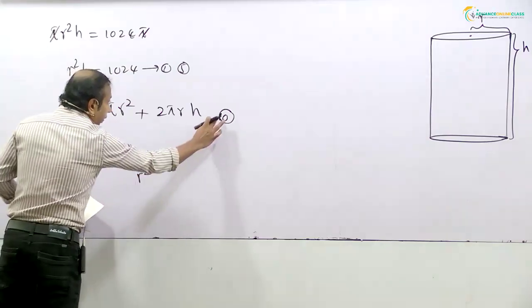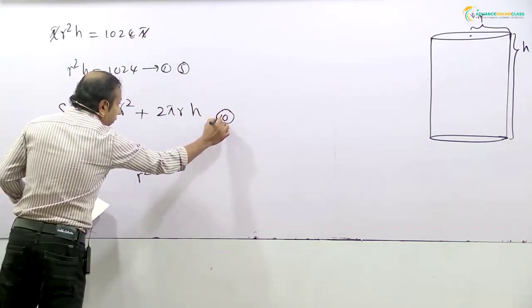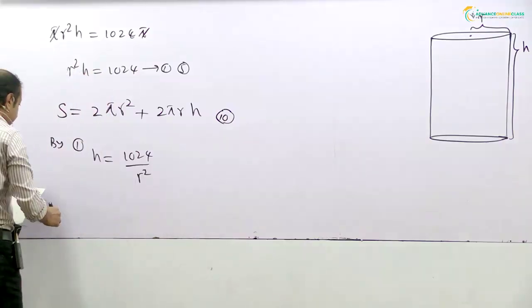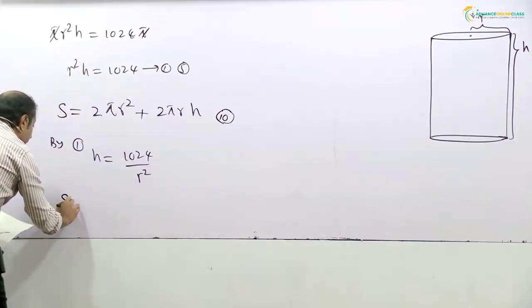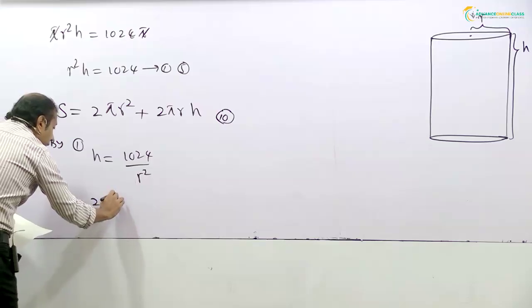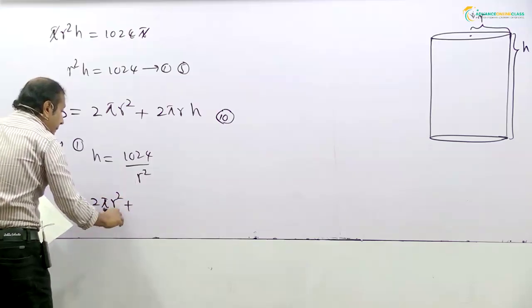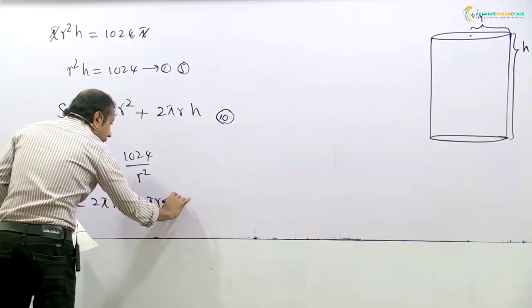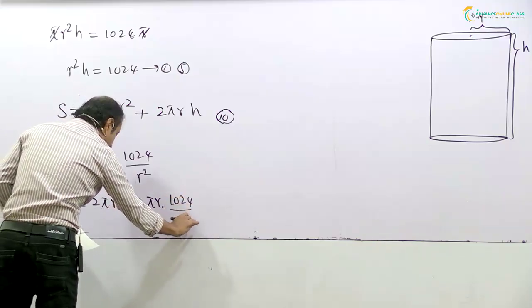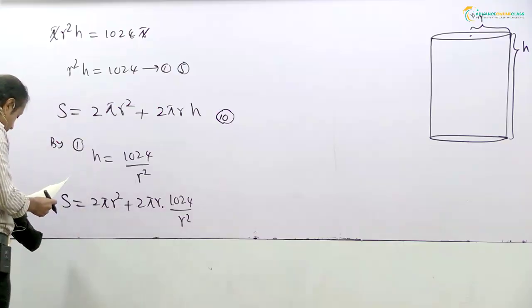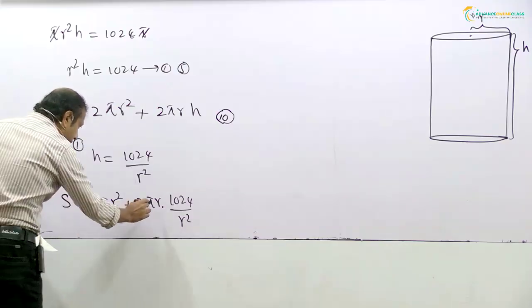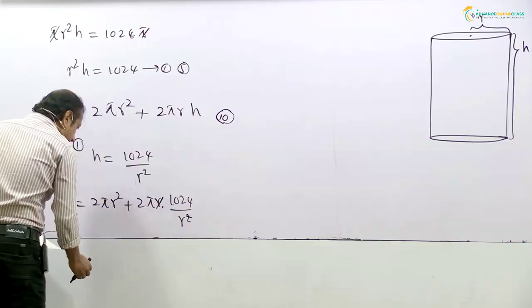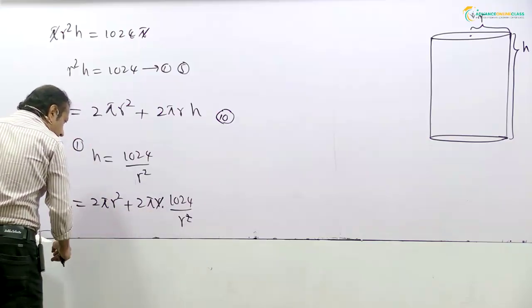Then we get the next answer. S equals 2 pi r squared plus 2 pi r h, which is 2 pi r times 1024 divided by r squared. Here one r you can cancel down. 2 and pi you can take out, no?